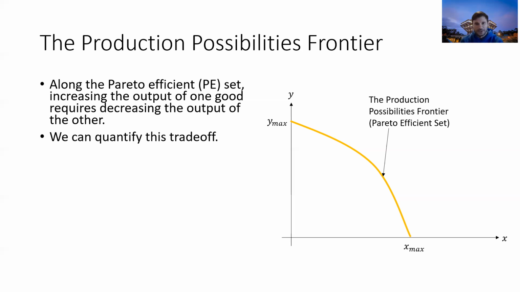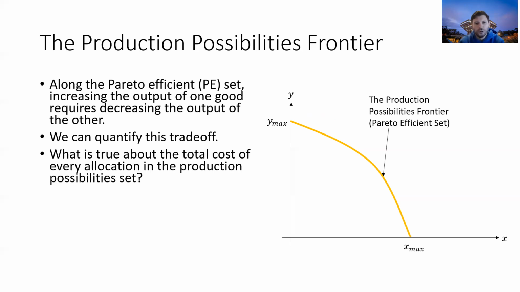We think about that as measured by the slope of the PPF at a particular allocation. Now, I want you to think about the following. What is true about the cost of every allocation along the production possibilities frontier? In fact, this is true about every allocation in the production set. I want you to think about that.